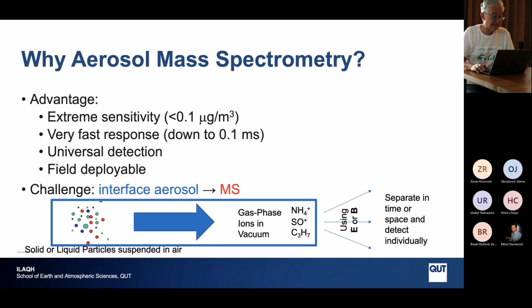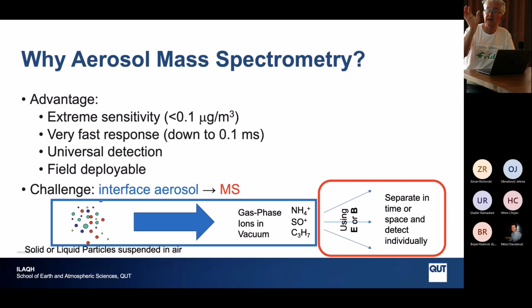So the key part is this: bringing the particles into vacuum, and then exposing them to electrical or magnetic fields, which is how mass spectrometers work. The blue part is the interface part, the interface for the aerosols, and the red part is your mass spectrometer.